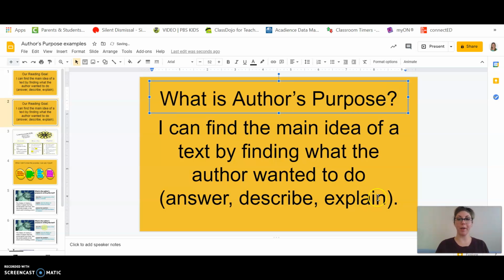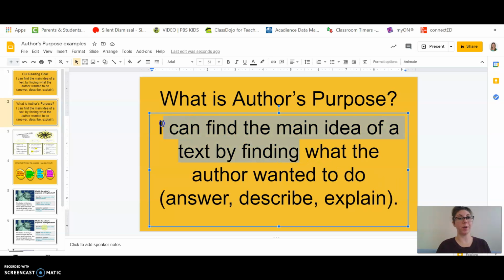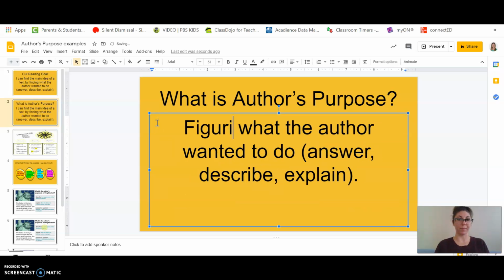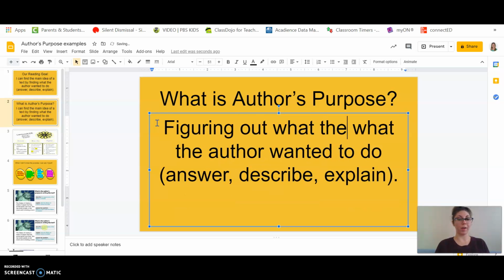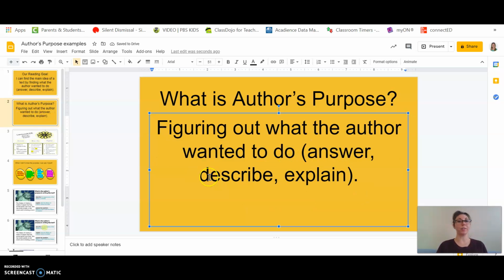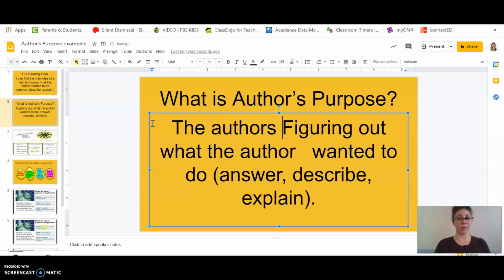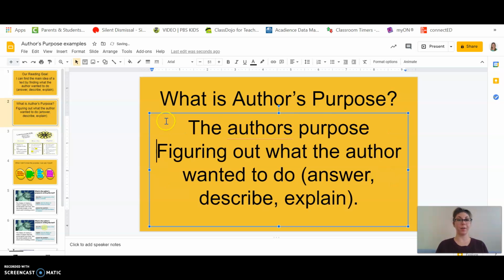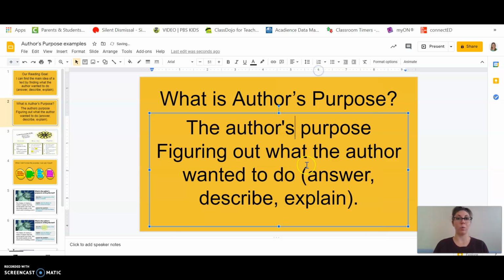The author's purpose is figuring out what the author wanted to do. So did they want to answer, describe, or explain? Author's purpose is figuring out what the author wanted to do.